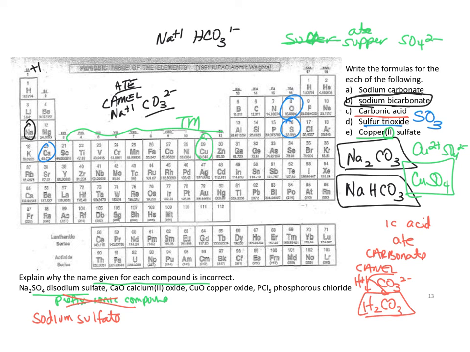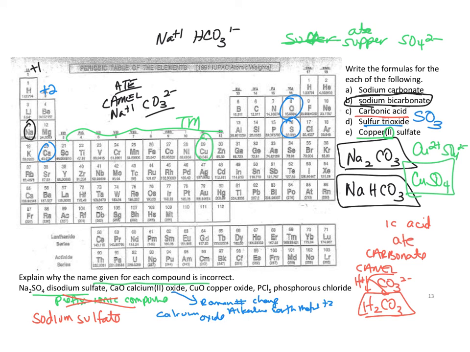Calcium is in the +2. It's not a variable charge. The problem with this one is they're using a Roman numeral for the charge, and it's an alkaline earth metal, which should always be a +2 charge. So that should be calcium oxide.